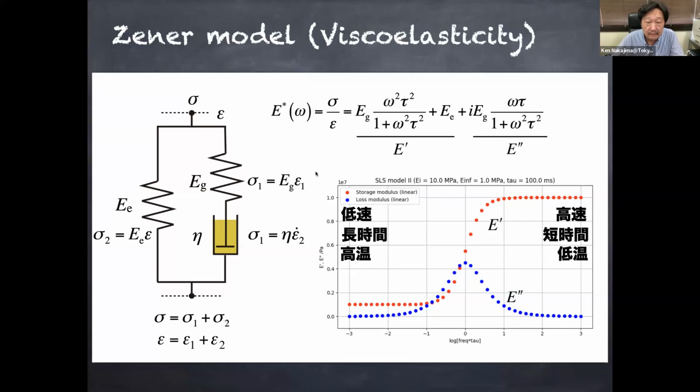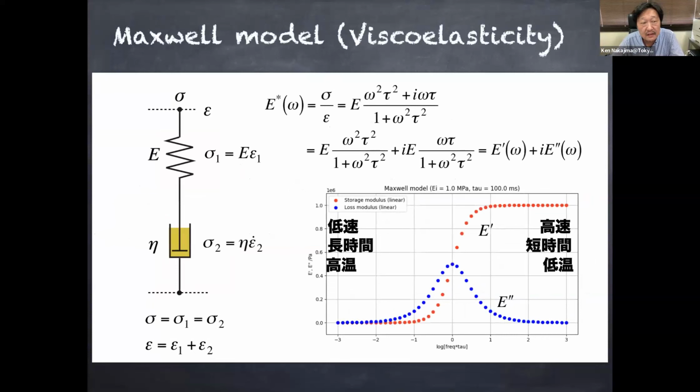Because this Zener model is a bit difficult to understand, Kuboyama sensei used the Maxwell model in the morning session, and the Maxwell model also shows a similar tendency in frequency or temperature.